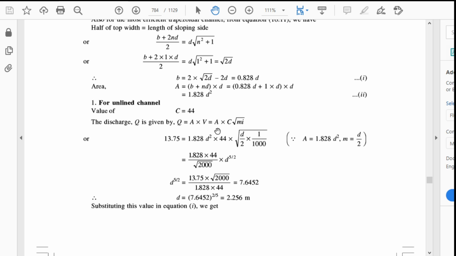Substitute the area in terms of D and the hydraulic mean depth in terms of D, with discharge Q given as 13.75. By calculating this mathematically you can get the value of D as 2.256.